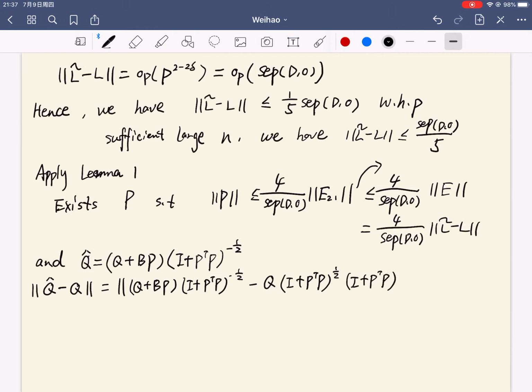Then we have a common term for both, which can be rewritten as follows.